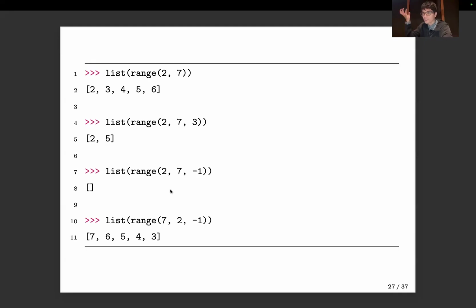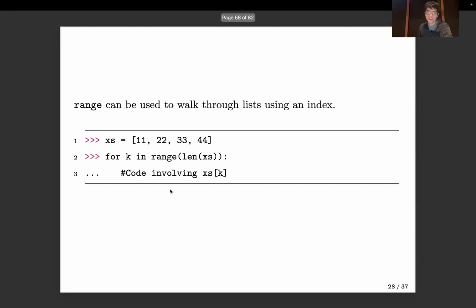So you don't actually have to learn anything new here. Range can be used to walk through lists using an index, but again, don't do this. We have xs is 11, 22, 33, 44. I can say for k in range length of xs, do something with the list index xs of k.